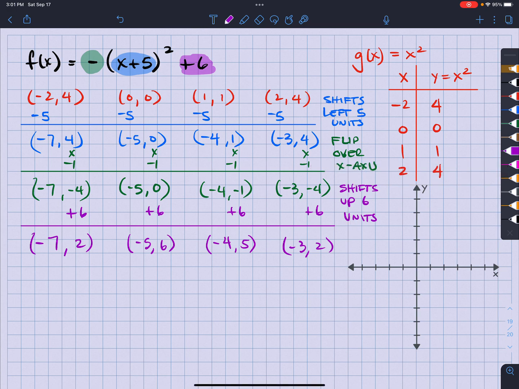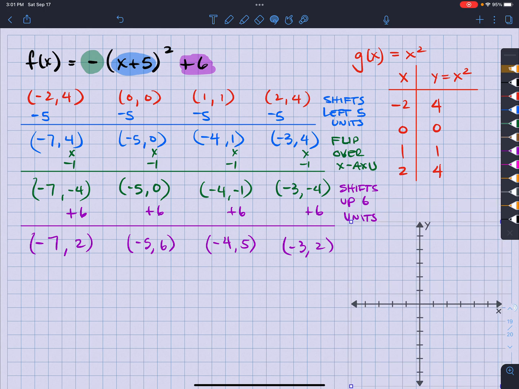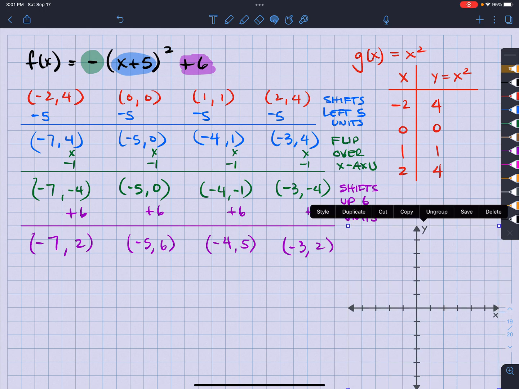Okay, -7, 2. 1, 2, 3, 4, 5, 6, 7, 2. Oopsies. So I should probably move this down a little bit. There we go. Okay, -7, 2. Let's try that again. 1, 2, 3, 4, 5, 6, 7, 2.